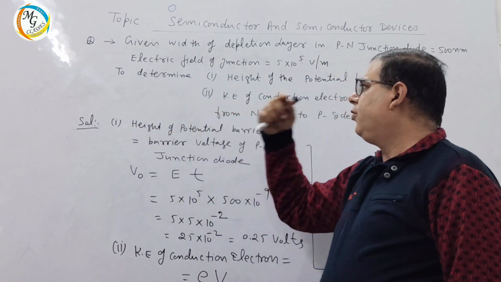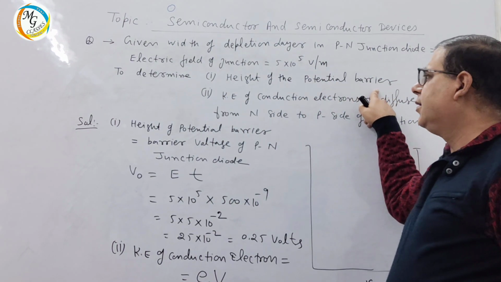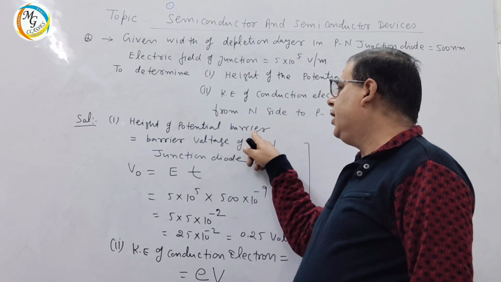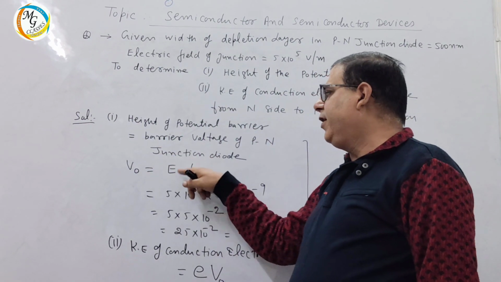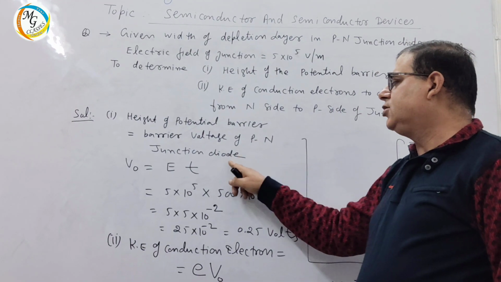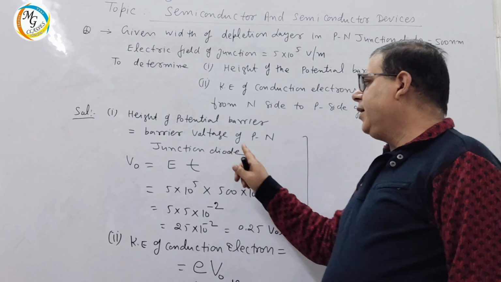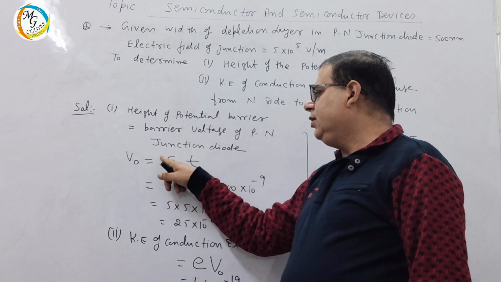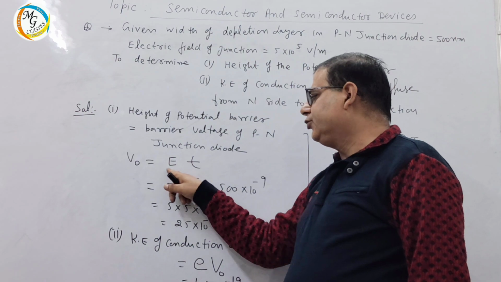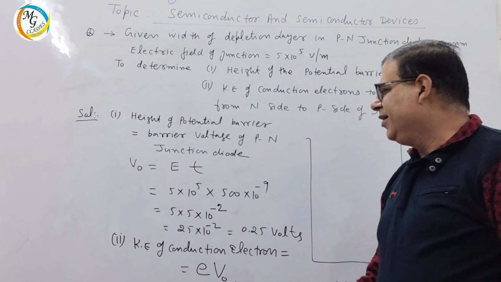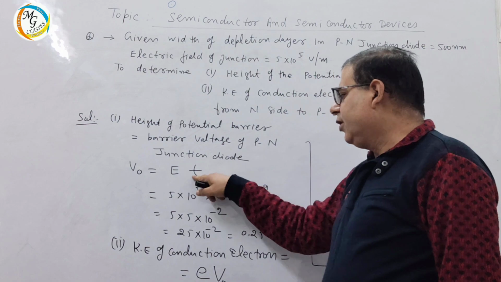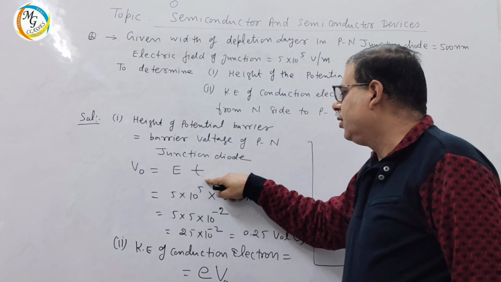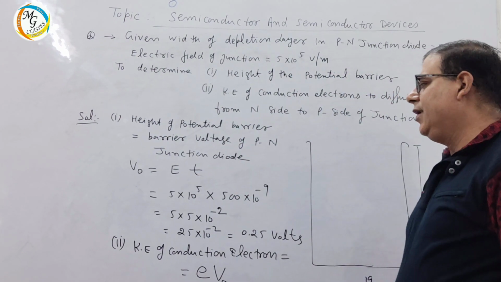Number one, in which we want to determine the height of the potential barrier of the p-n junction diode. The height of the potential barrier implies that we have to find out the barrier voltage of the p-n junction diode. We can calculate the barrier voltage by using the formula E into T, where E stands for electric field of the p-n junction diode and T is the thickness of the depletion layer.